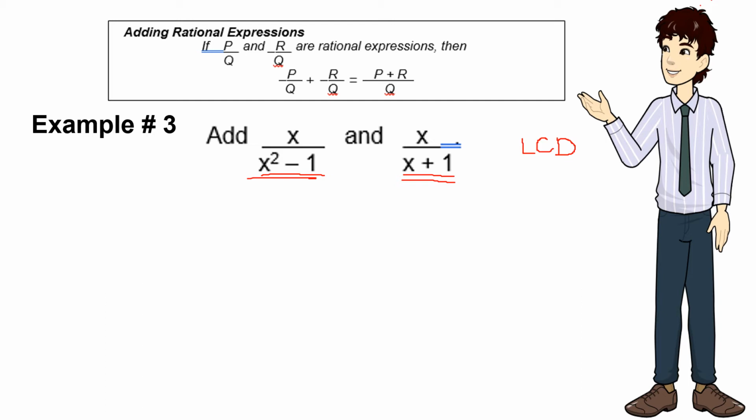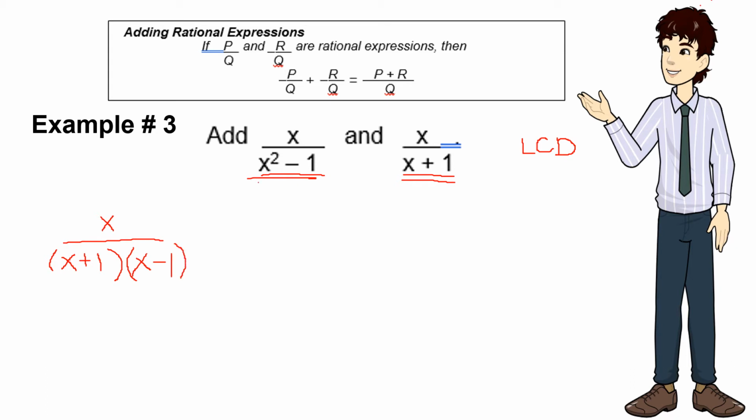So, the factor of our x squared minus 1 can be written as x plus 1 and x minus 1. So, this is under sum and difference. Yan.